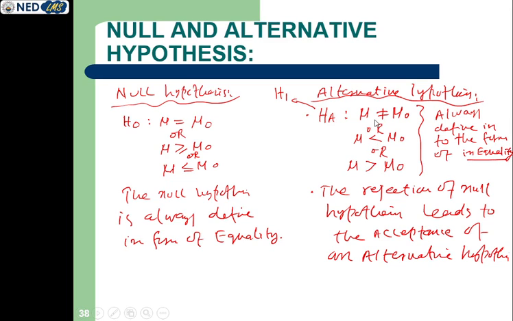There is no equality involved in the alternative hypothesis, but the null hypothesis is always defined in the form of equality.